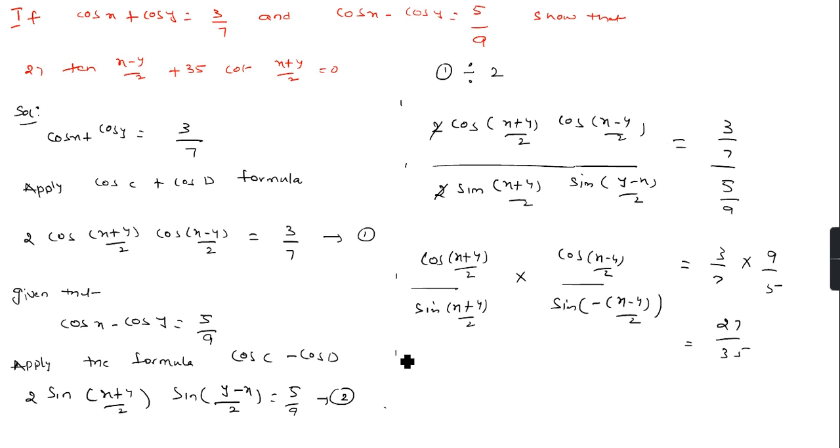And this is nothing but cos by sin, that is cot of (x plus y) by 2, into cos of (x minus y) by 2 by minus sin of (x minus y) by 2. So here we get cot of (x plus y) by 2 into minus cot of (x minus y) by 2 equals 27 by 35.